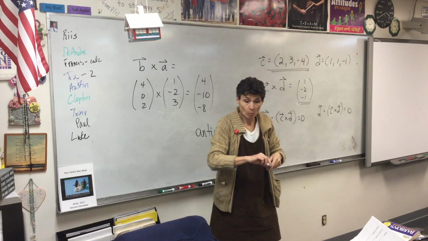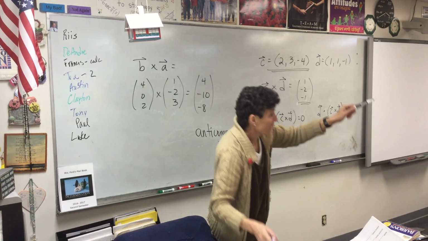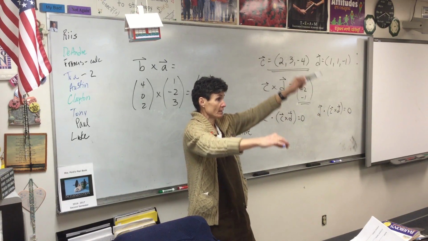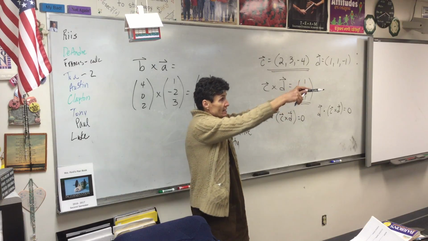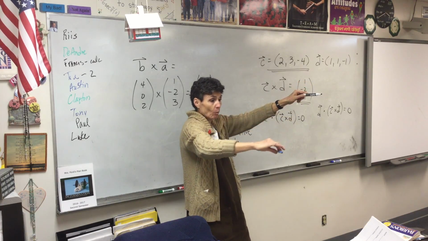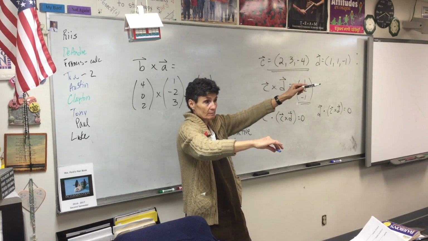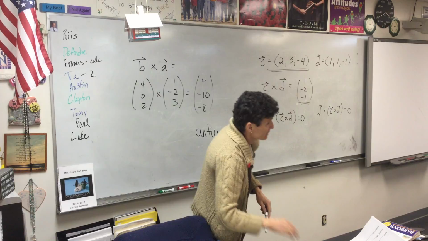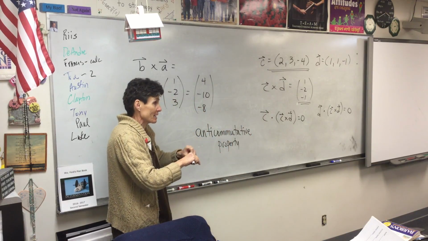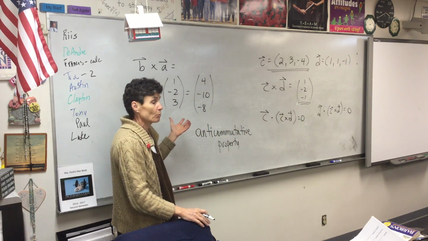Any random vectors, the cross product will be perpendicular. Now that has implications that are pretty amazing.